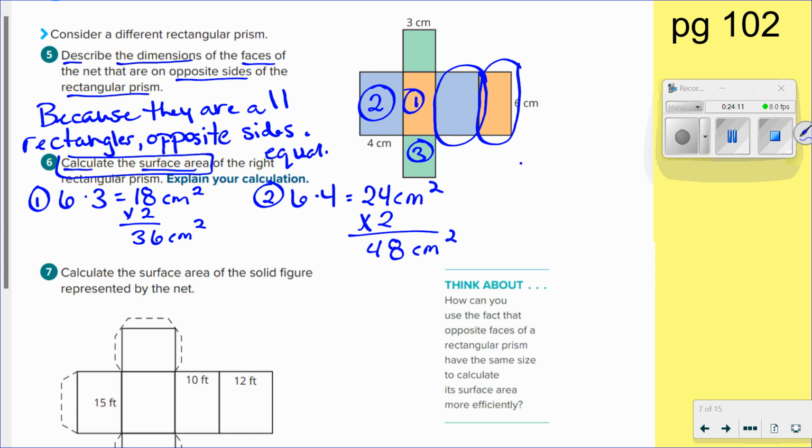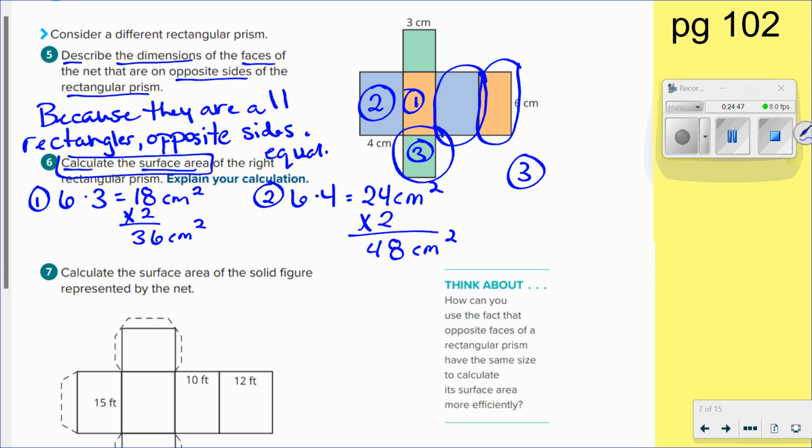Then we have rectangle 3. What is the length of rectangle 3? Try this side. Okay, what is the length of rectangle 3? Other side. Is it 6?